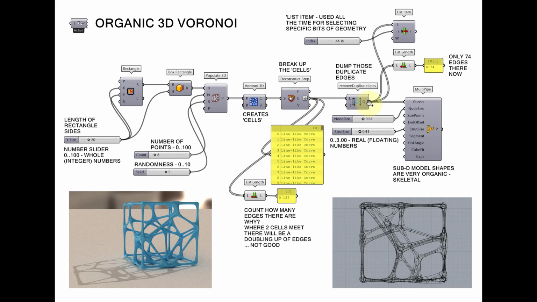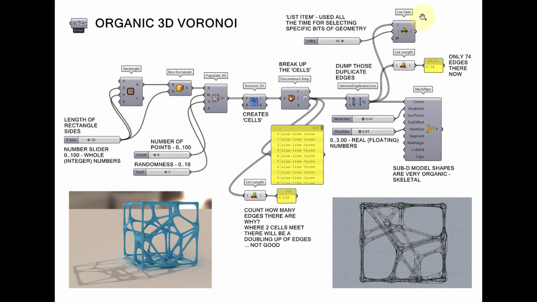So this component weeds out the duplicate lines, the duplicate edges, and then only those edges go along to this component called multi-pipe, and this basically adds a tube onto each one. But where it meets other lines, other edges, it creates an elbow or a knuckle or a knee type joint.